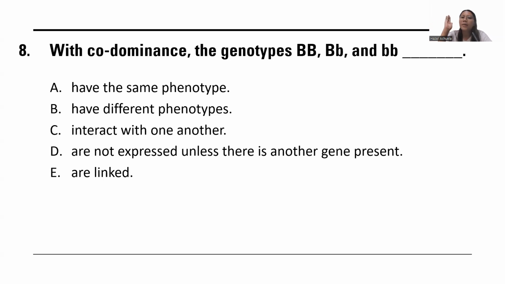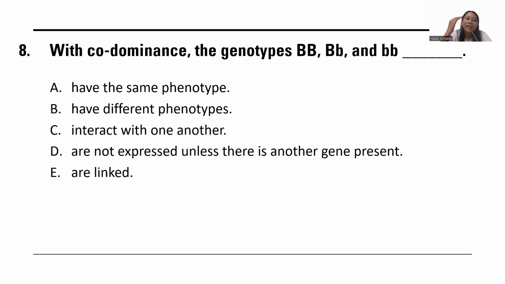Yun namang incomplete dominance, ang sinasabi ay yung phenotype ng offspring coming from 2 parents with different phenotypes will produce an intermediate phenotype. So that means the homodominant B, the hetero B, and the homorecessive B will now have different phenotypes.